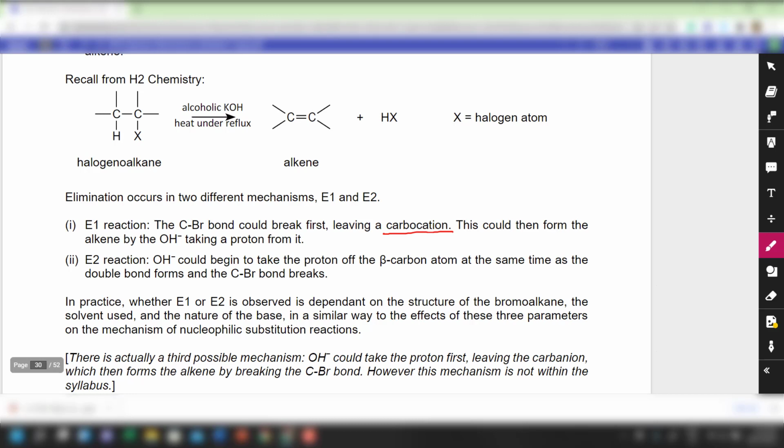Because that is the fast step, it might be a little bit difficult to control or differentiate the products between E1 and SN1. You will probably realize after you learn this topic quite well that SN1 and E1 are quite difficult to be selective.